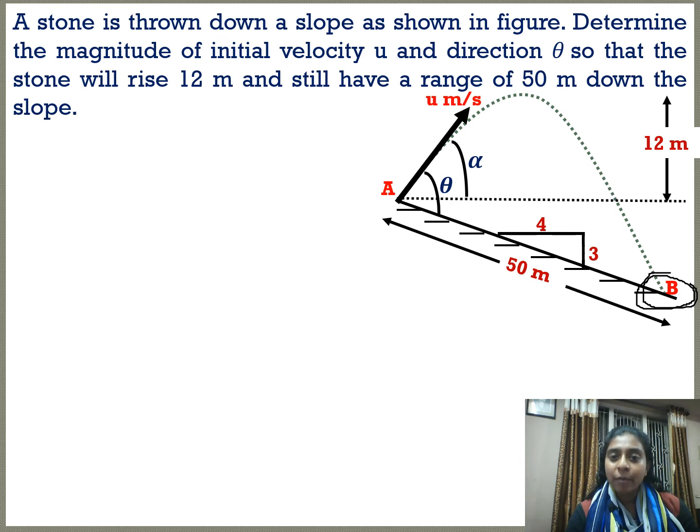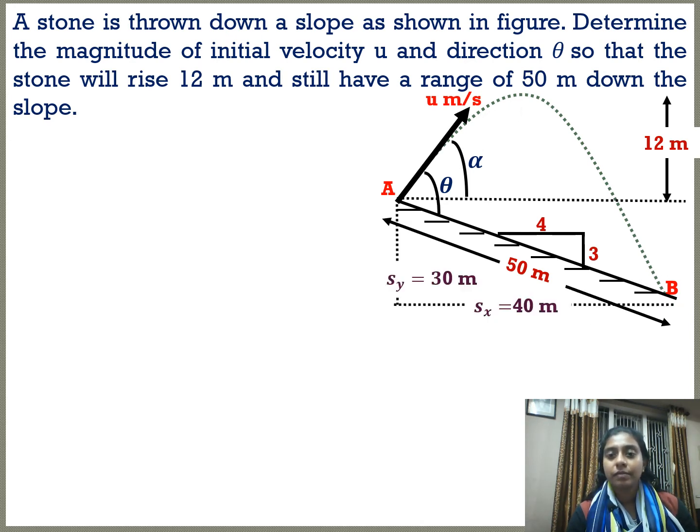So when you throw the stone from A, it reaches a maximum height of 12 meter. So this is 12 meter and the range, that is the distance from A to B, the range is 50 meter. Now this angle is taken as theta and the angle between the projection and the horizontal is taken as alpha.